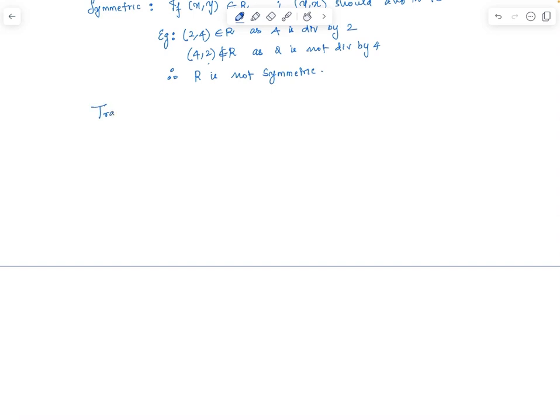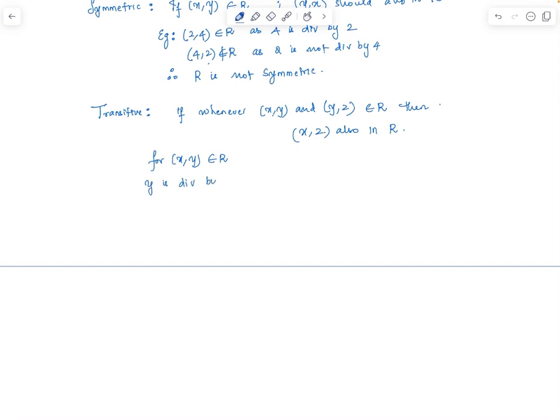Now let's check whether R is transitive. R will be transitive if whenever (x, y) and (y, z) belong to R, then (x, z) is also in R. For (x, y) in R, this implies that y is divisible by x.